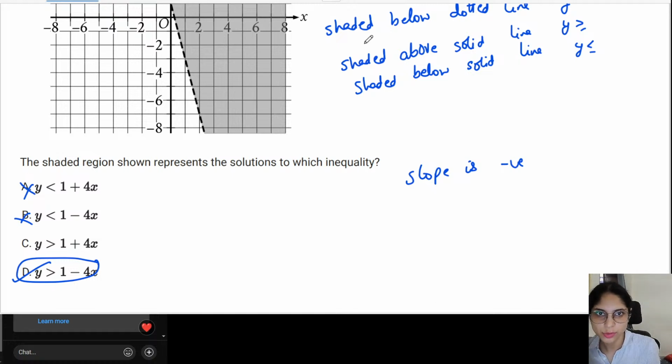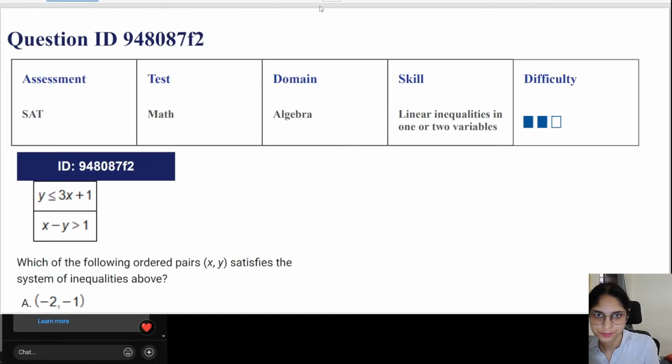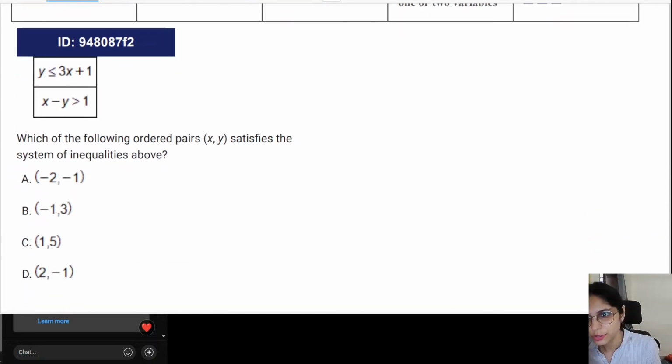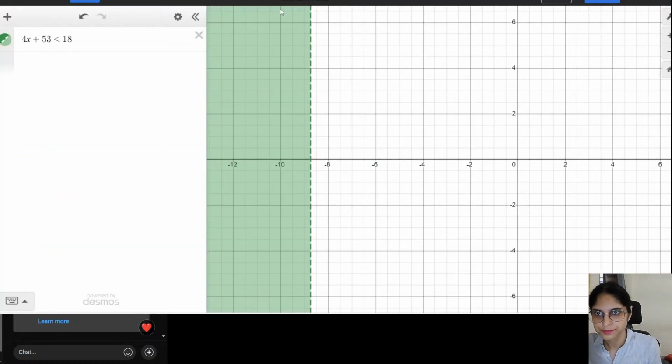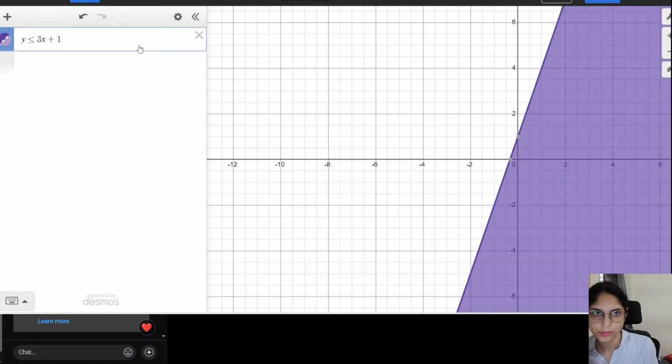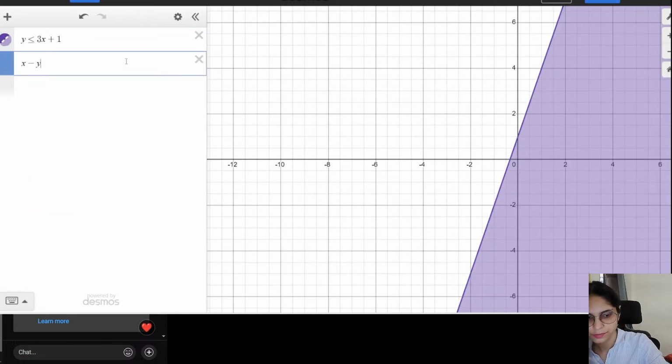And the last medium normal problem is the last question, question number 47. y is less than or equal to 3x plus 1, x minus 5 is greater than 1. Just go to Desmos. x minus 5 is greater than 1.